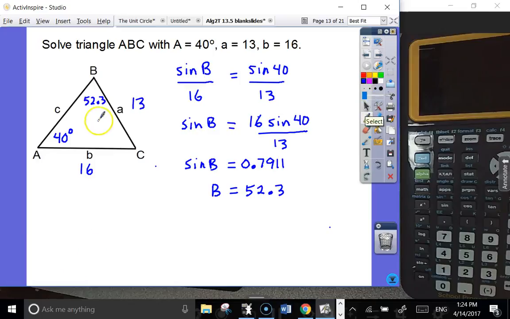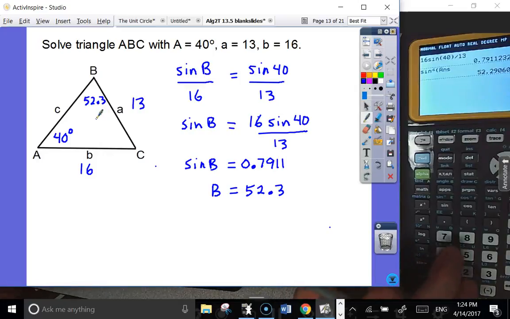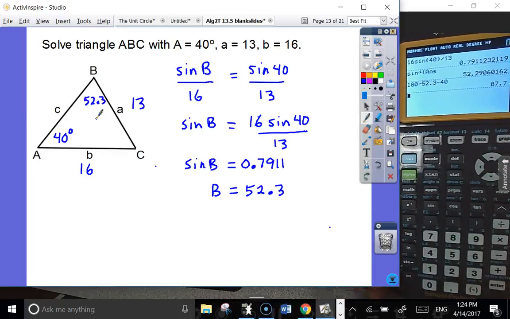Okay, so we've got the 52.3. We need to subtract from 180 to find that one. Right, 180 minus 52.3 minus 40 is 87.7. Okay, we still need to find side C. So C divided by the sine of 87.7 equals 13 over the sine of 40.